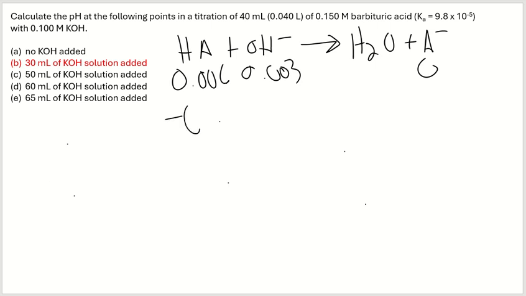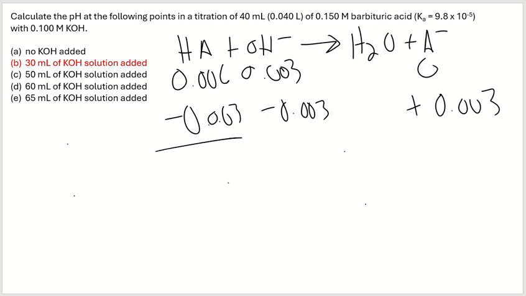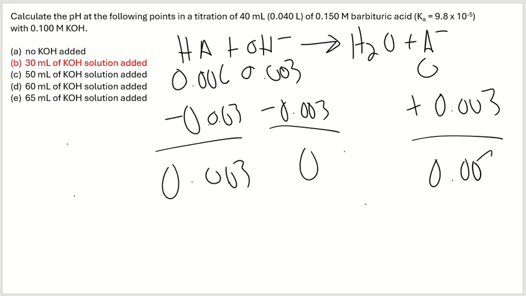So I just subtract the base from the left side, and I'm going to add A minus over there, because for every base I consume, I produce one A minus. And what we get is 0.003 moles of HA, no hydroxide, and 0.003 of A minus.